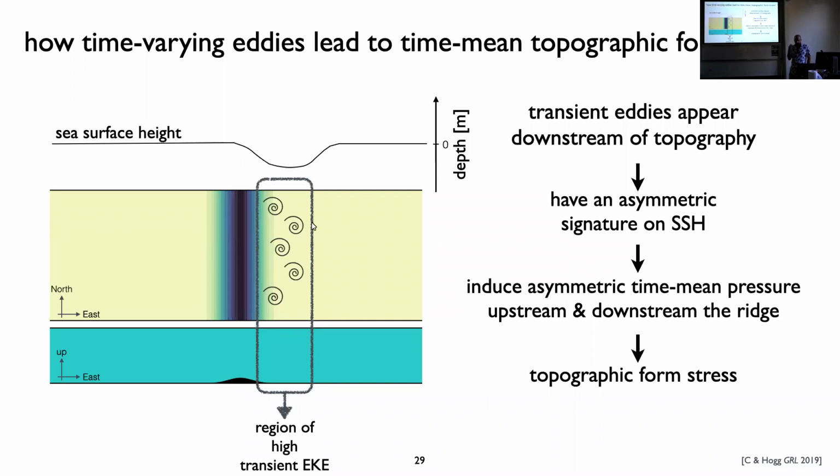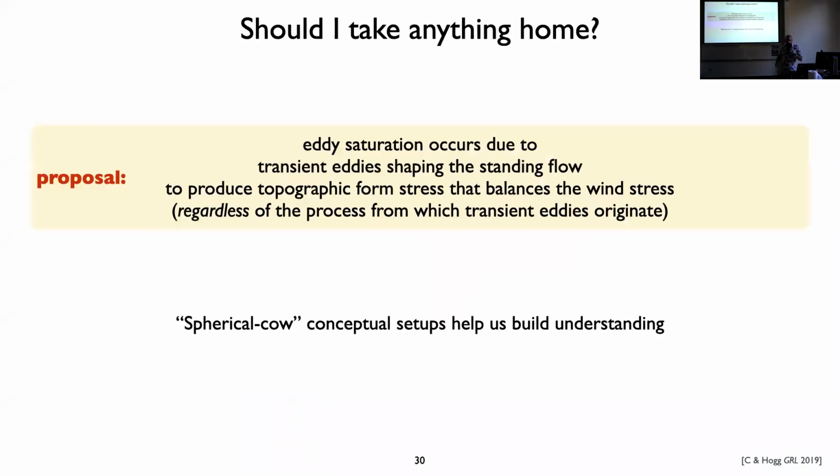These eddies have a signature at the sea surface height, and they create an asymmetric signature because there's an asymmetric amount of eddies upstream and downstream. And this asymmetric signature on the sea surface height has a signature at the bottom of the ocean and creates topographic form stress.